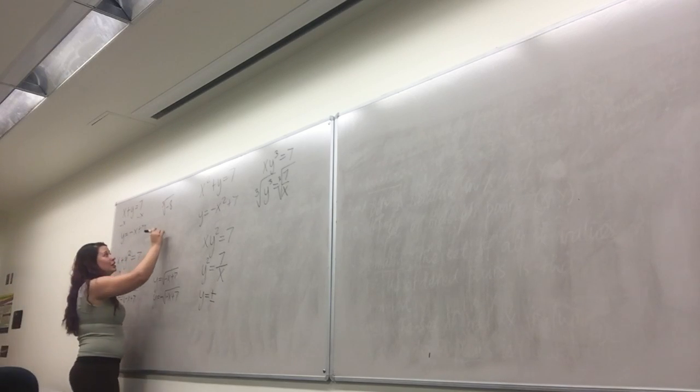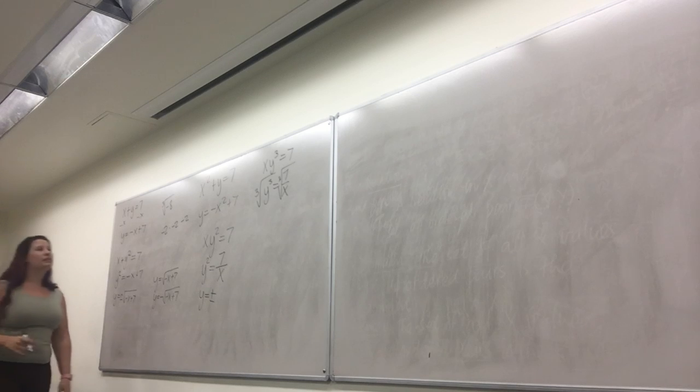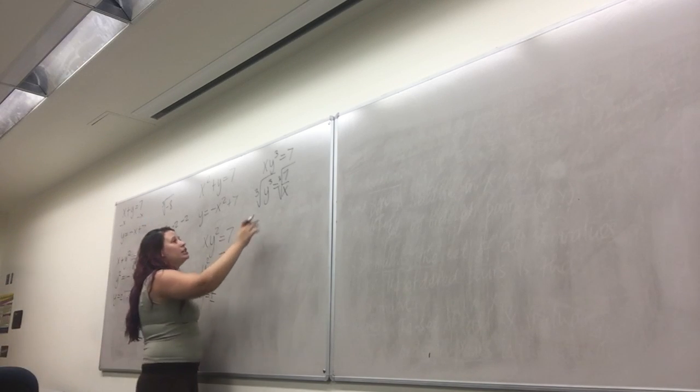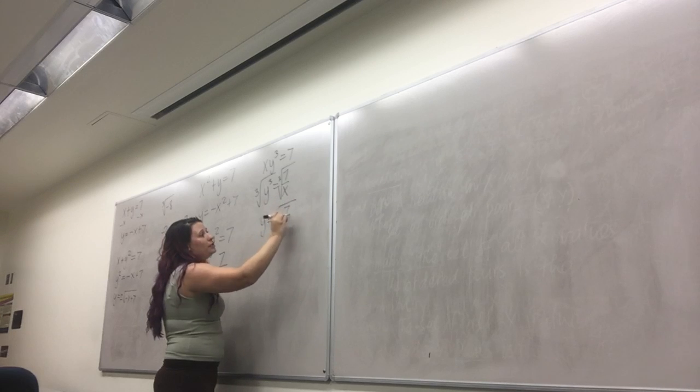Negative 2, right? Because negative 2 times negative 2 times negative 2 is still negative 8. The negative doesn't go away. It's still there because it's an odd power. So when this happens, it's just y equals the cube root of 7 over x.